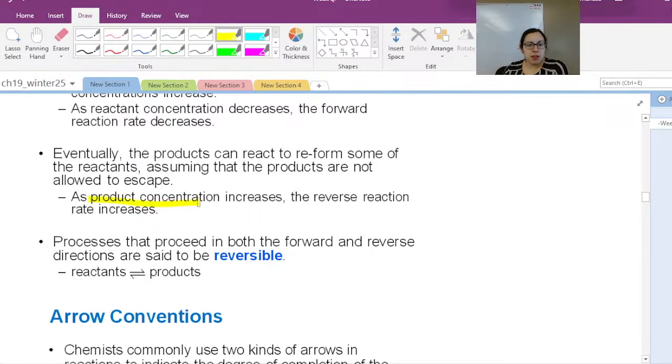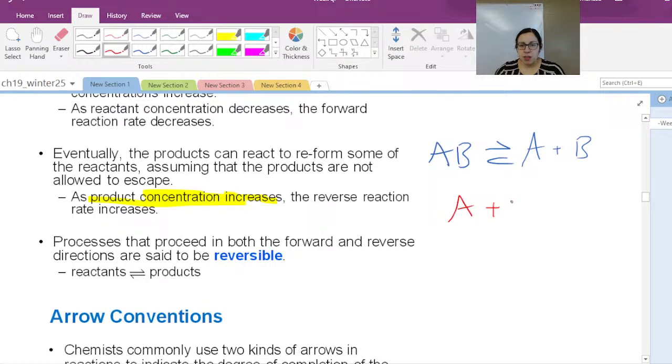And so as our product concentration increases, and you could think about simplified structures, just two things, binding and unbinding. Now our product concentration is increasing, and so that means the reverse rate will happen.